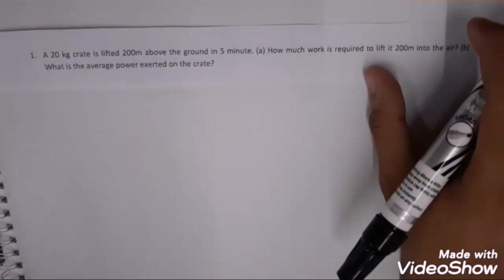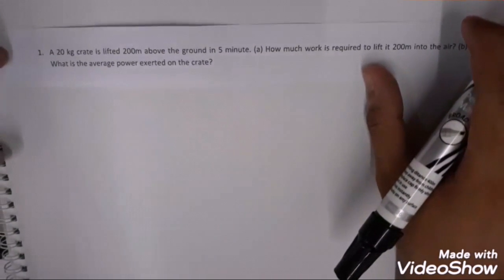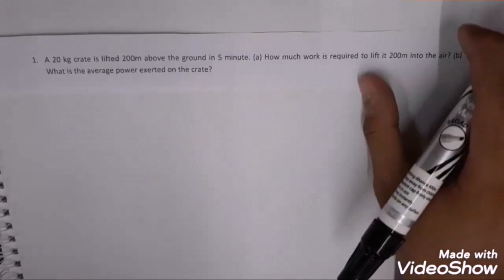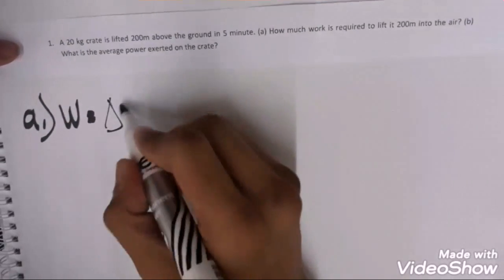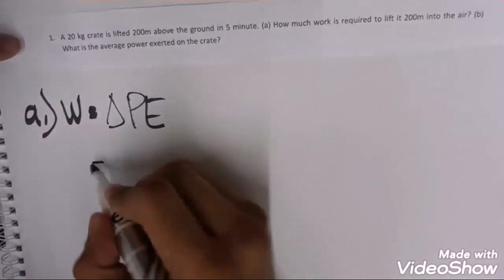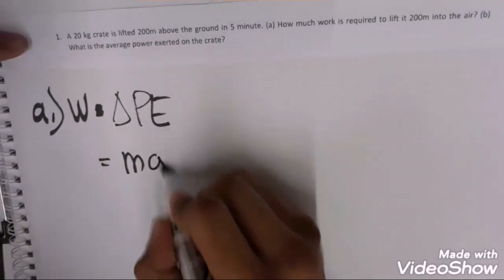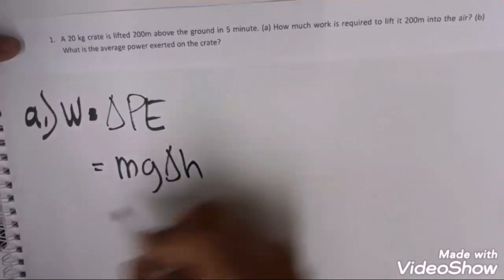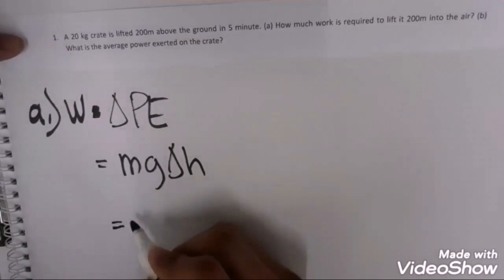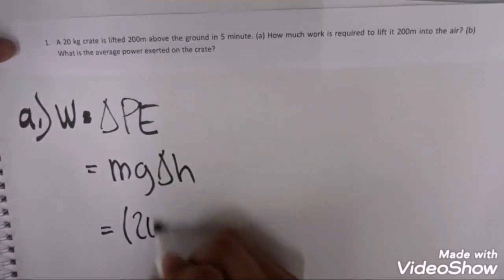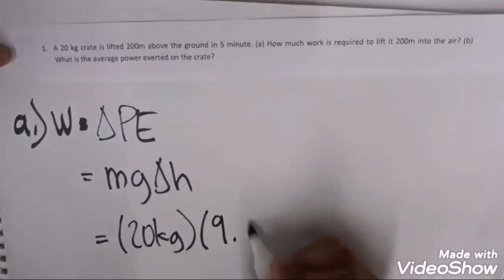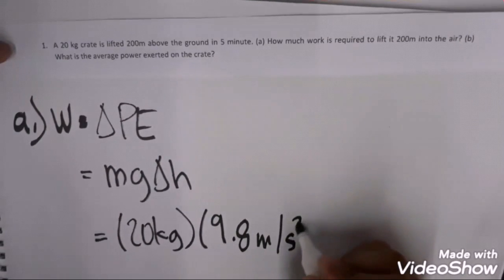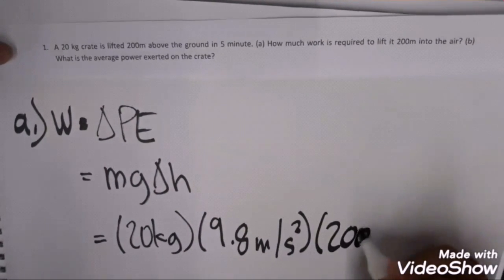Let's first get letter A, which is the required work to lift it 200 meters into the air. So, work can be equal to the change in potential energy, which is mass times gravity times change in height, which is equal to the mass, which is 20 kilograms, the gravitational acceleration, which is 9.8 meters per second squared, and the height of 200 meters.